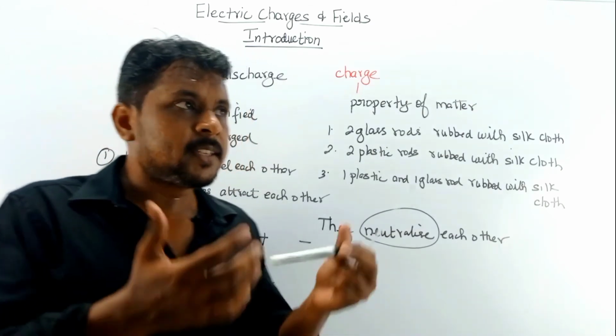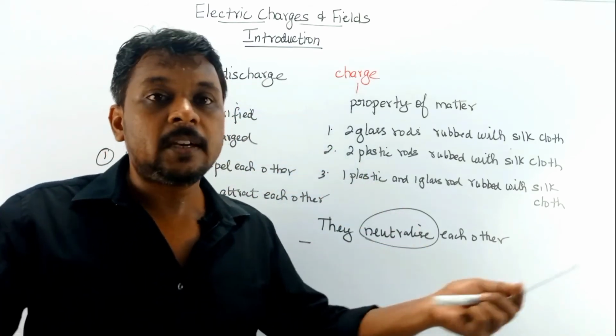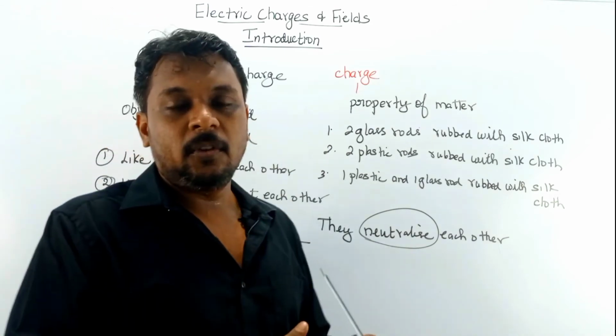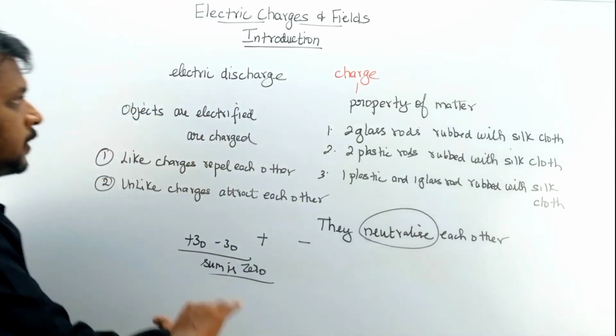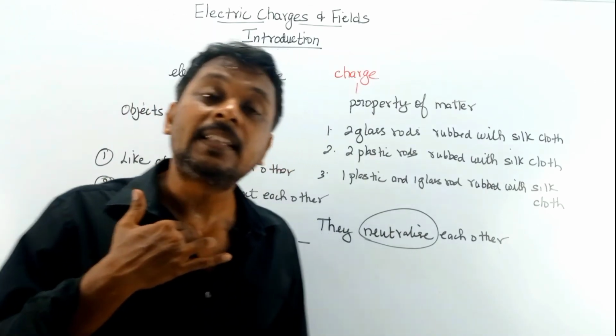So when an object gets something, it means that it is charged. When it does not acquire anything, we say that it is neutral in nature. It is not charged at all. This was the total introduction of electric charges.